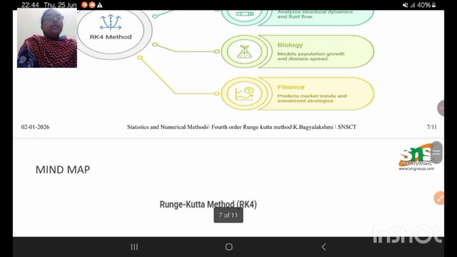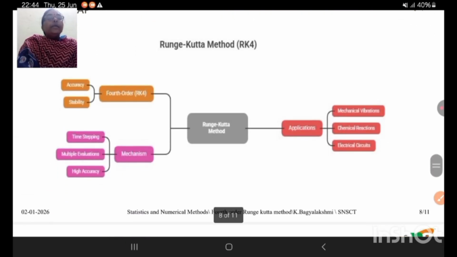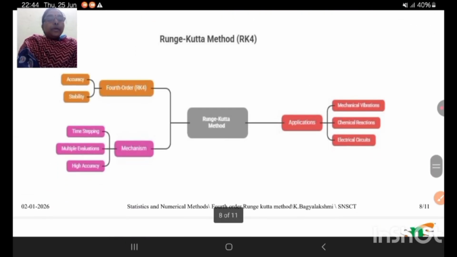And finally we go for the mind map session. In this mind map we summarize the method. First we choose the RK method, and specifically the fourth order, where accuracy and stability are both considered. The mechanism of this RK method is time stepping and multiple evaluations, with high accuracy.